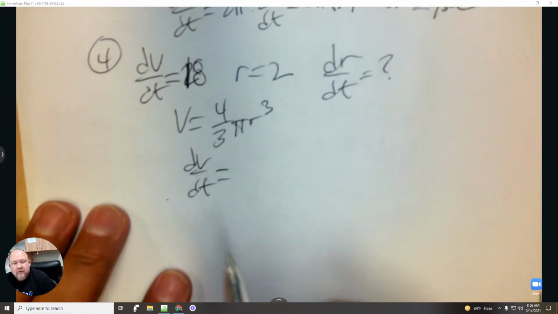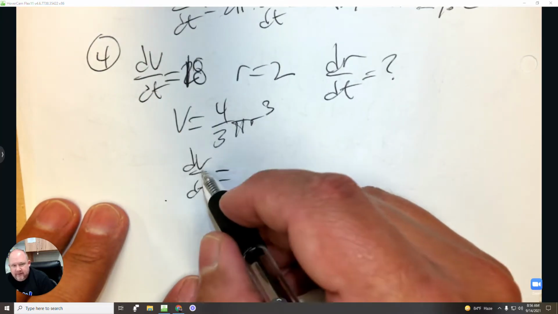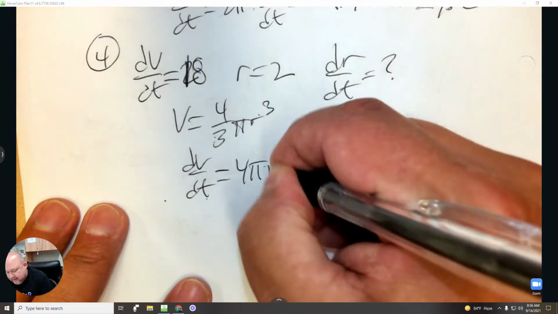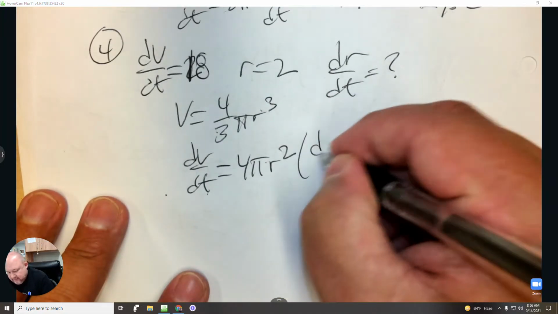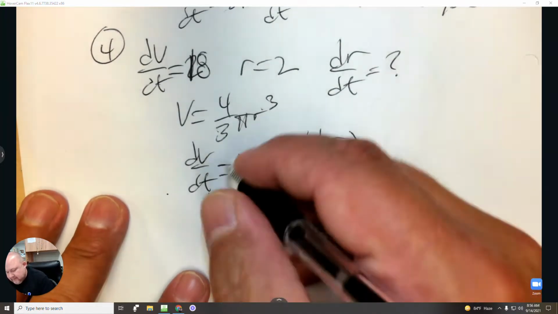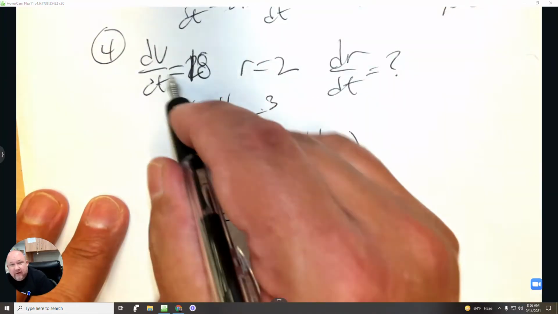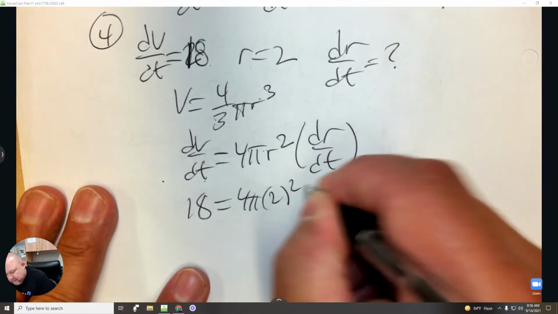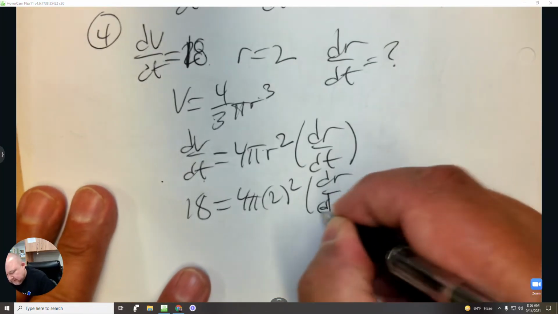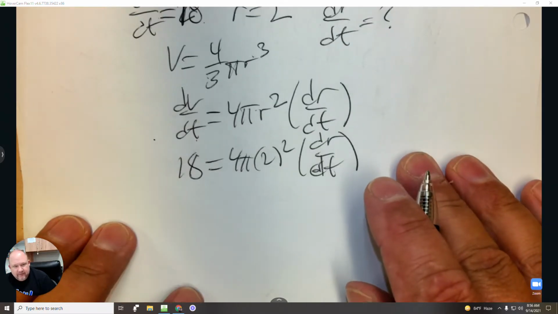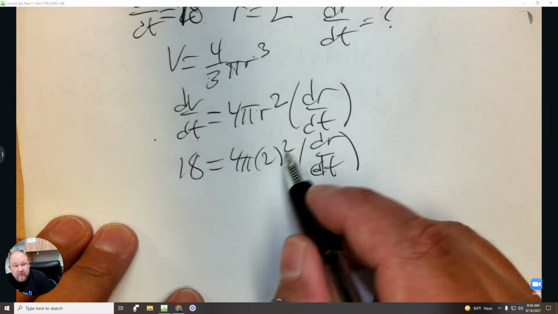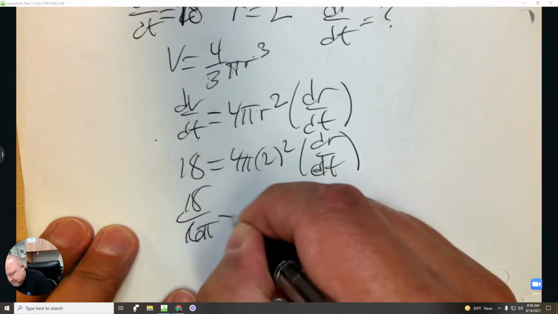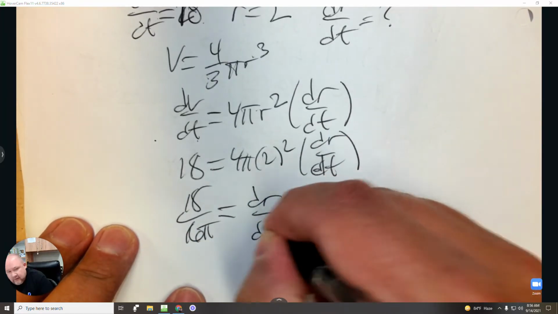The derivative of V is dV/dt, but it needs a hook. 3 times 4/3 is 4, and subtract 1 from the exponent, but it needs a hook. And then the rate of the volume is 18. The radius is 2, and this is what I'm looking for. And then I solve it. So 2 squared is 4, so 4 times 4 is 16. Divide by 16 pi, and you have your answer.